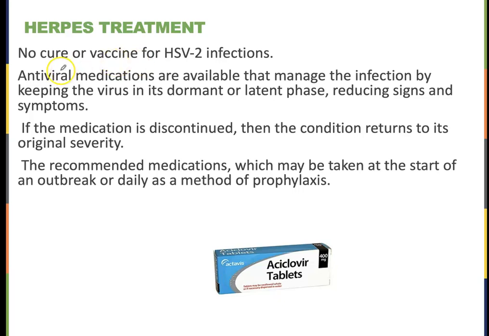So what's used to treat these viruses is antiviral medications, and this basically reduces the breakouts, reduces the signs and symptoms, and tries to keep the virus in dormancy. If the medication is stopped, then your herpes virus will just go unchecked, and it'll just kind of resume its original severity. And the recommendation is to take the medicine every day and at any start of an outbreak.